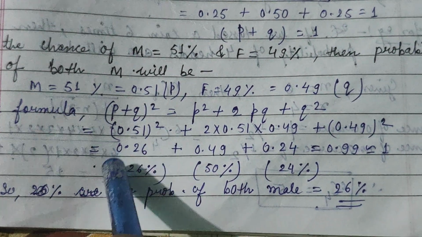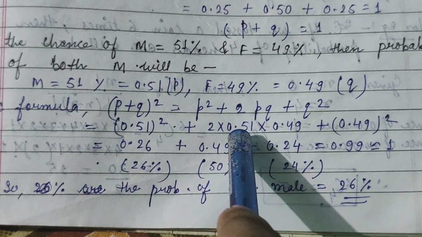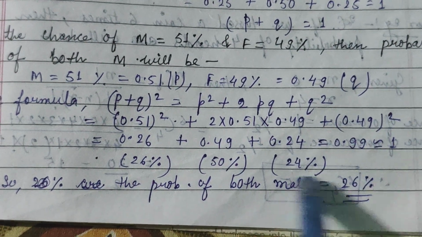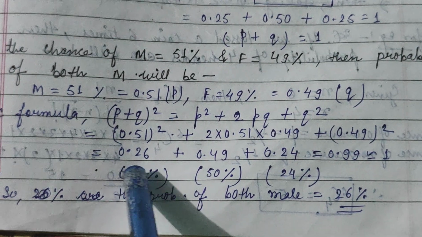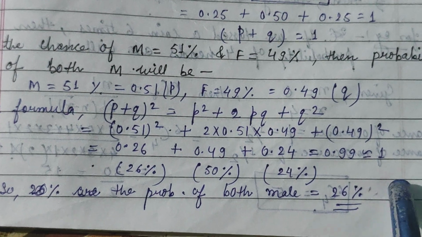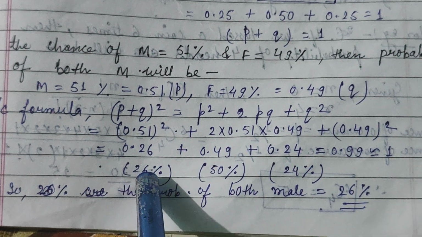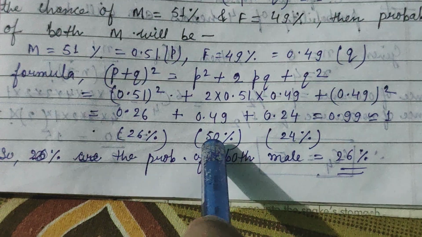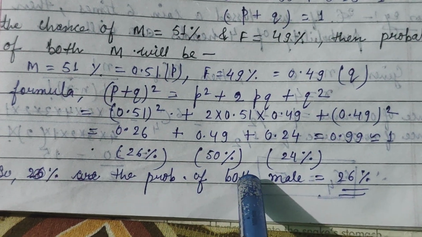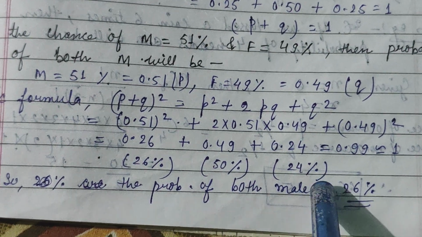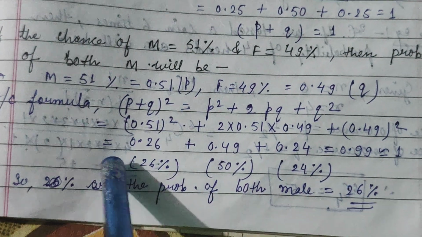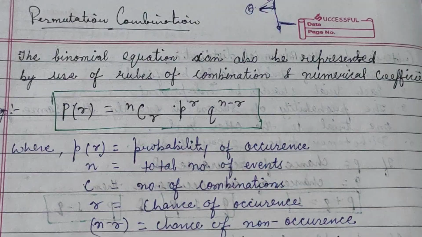So 0.51 squared plus 2 into 0.51 into 0.49 plus 0.49 squared, all added is equal to 1 or nearly equal to 1. So the probability of both male will be approximately 26%.